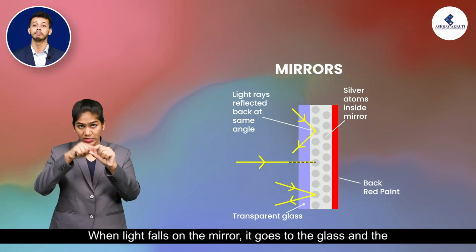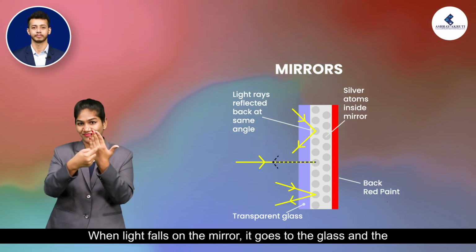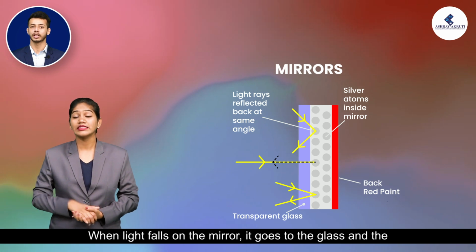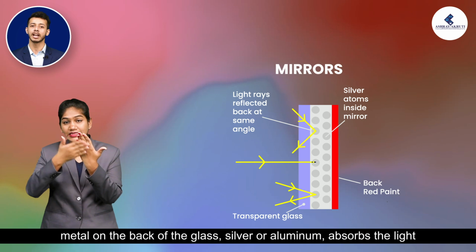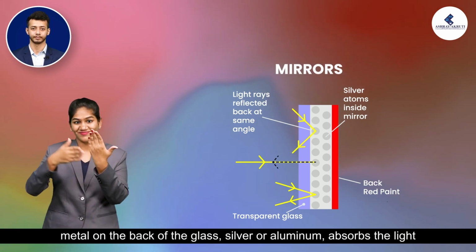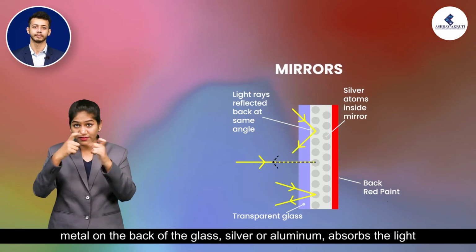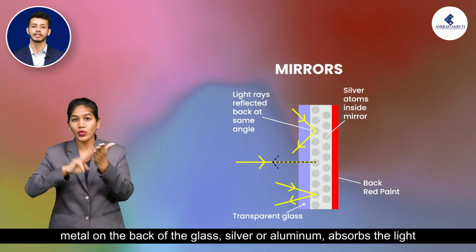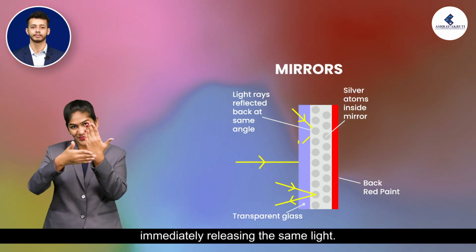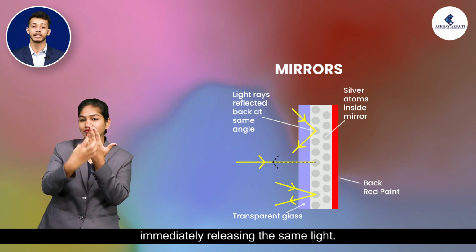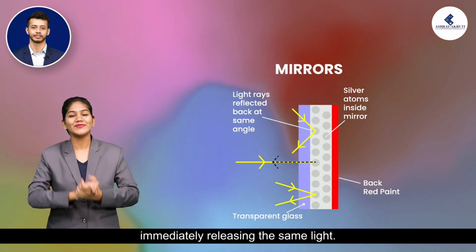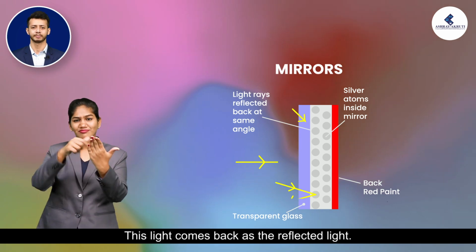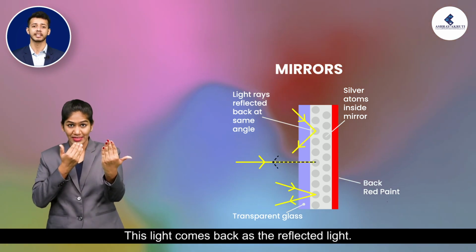When light falls on the mirror, it goes through the glass to the metal on the back of the glass. Silver or aluminium absorbs the light immediately, releasing the same light. This light comes back as the reflected light.